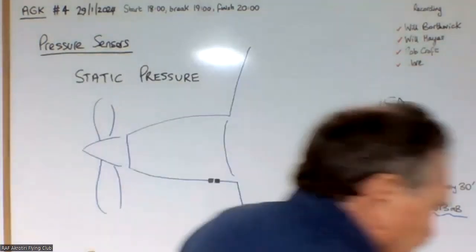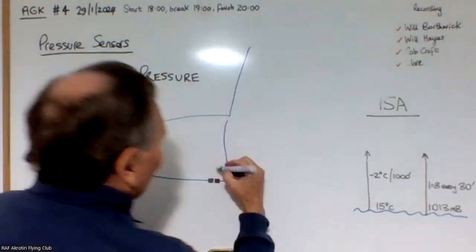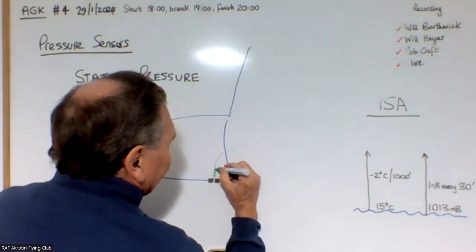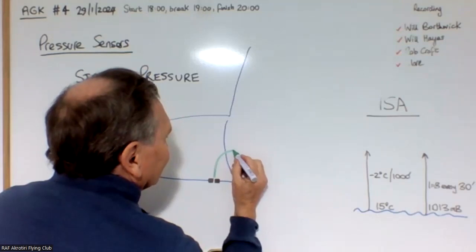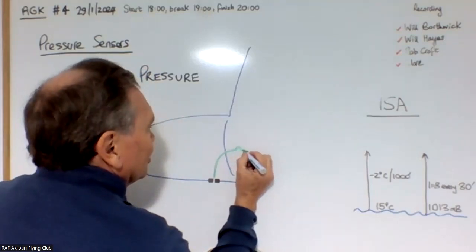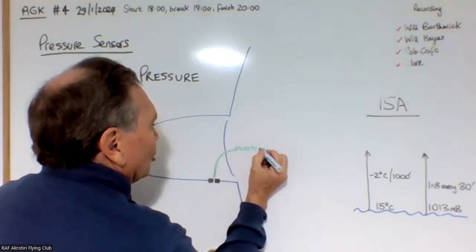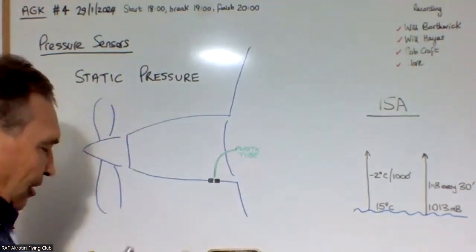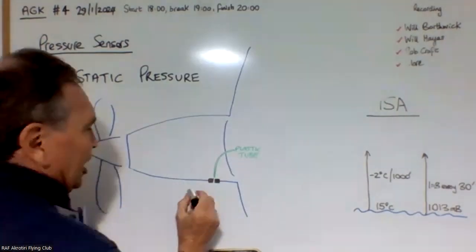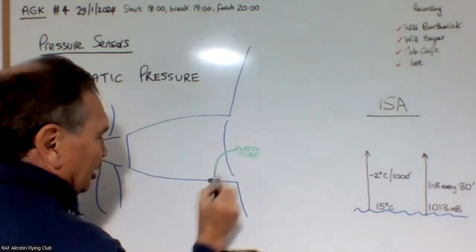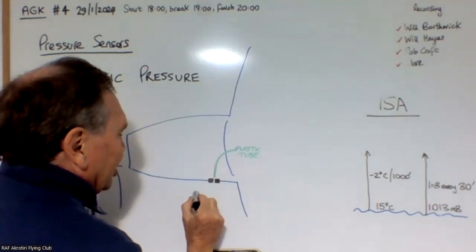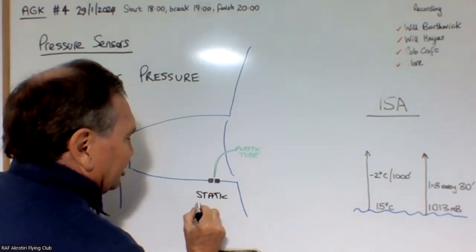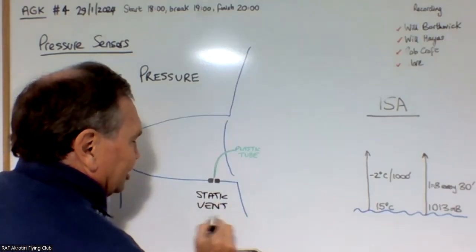And then from here, there's a small plastic tube, only about a 1/4 inch diameter, that goes into the actual cockpit. This is called the static vent or the static port.